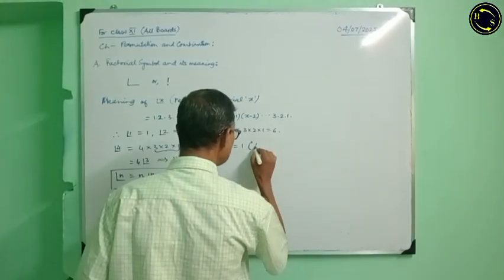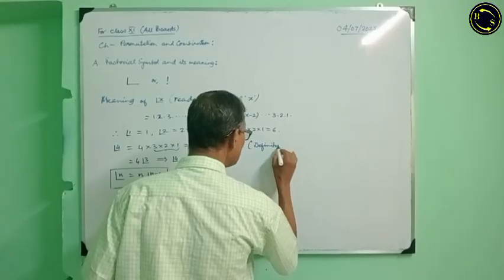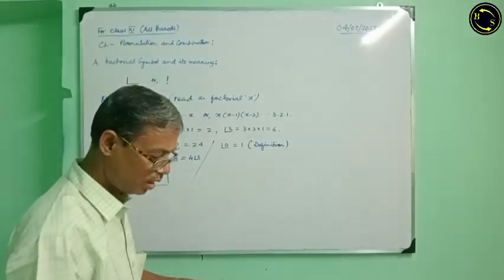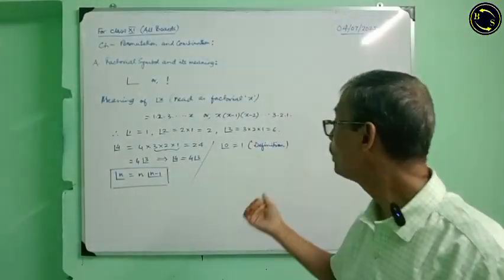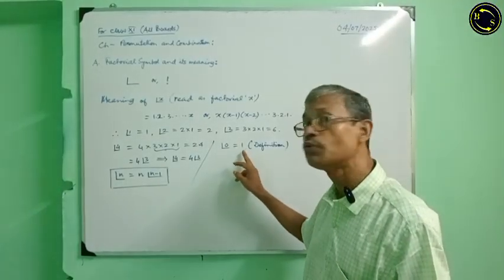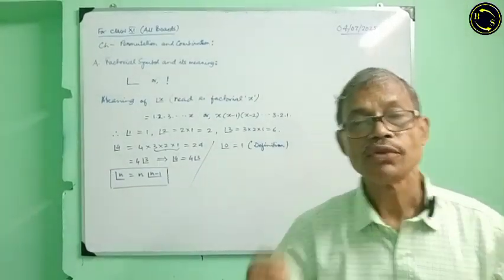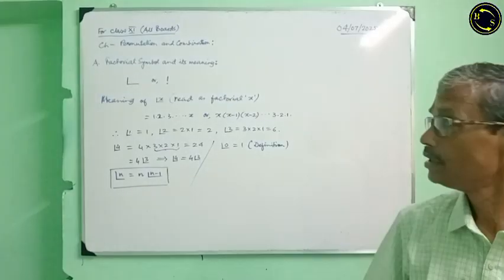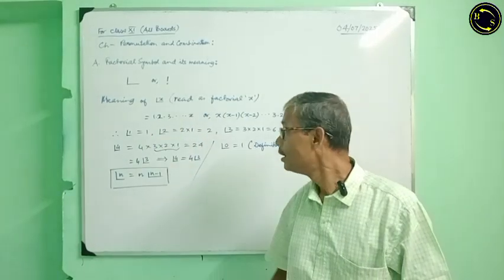This is the definition. In the later part, I shall discuss why it is required to take factorial 0 equal to 1, and factorial of a negative number and a fraction are undefined as per the definition of factorial x.